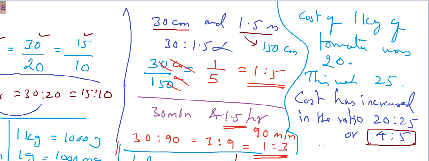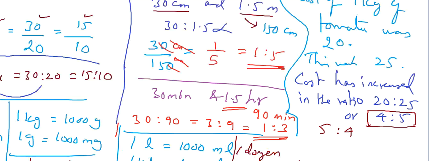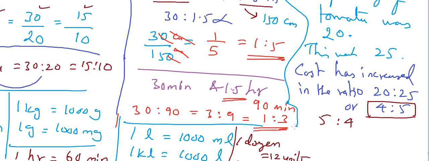Suppose it's 5:4, then we can only say the price of tomato has decreased in the ratio 5:4. So definitely 5:4 means there's a decrease, 4:5 there's an increase. The first one represents the original value, the second one represents the new value.